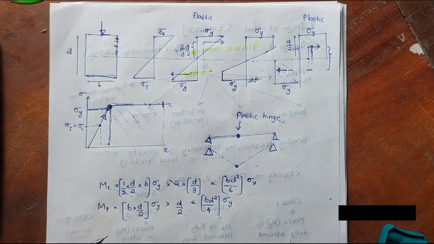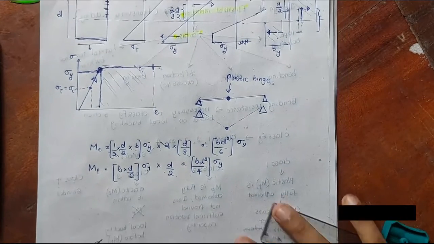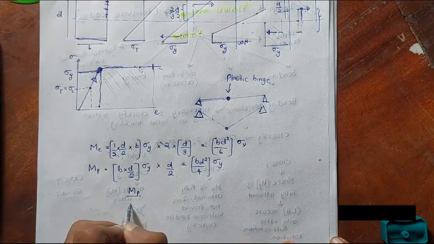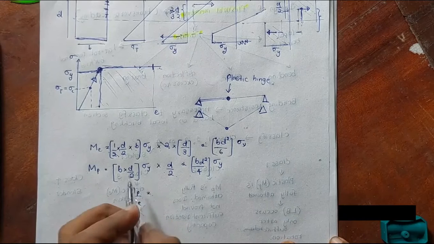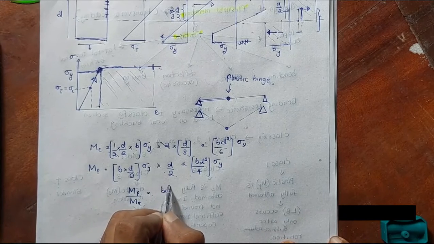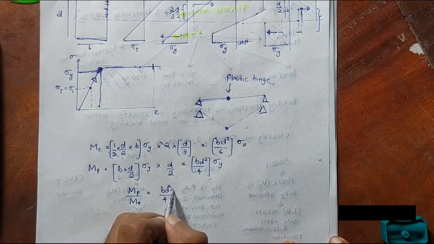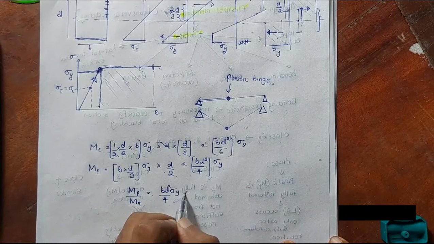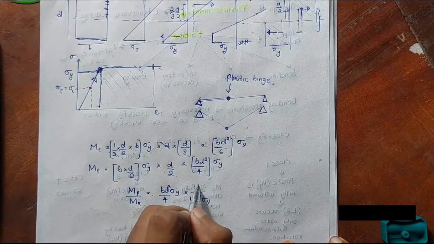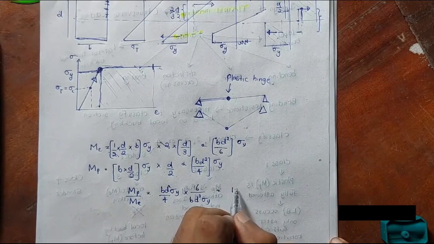So you can now derive the plastic moment over the elastic moment. This will give you bd squared over 4 sigma y over bd squared sigma y over 6, which is 1.5.